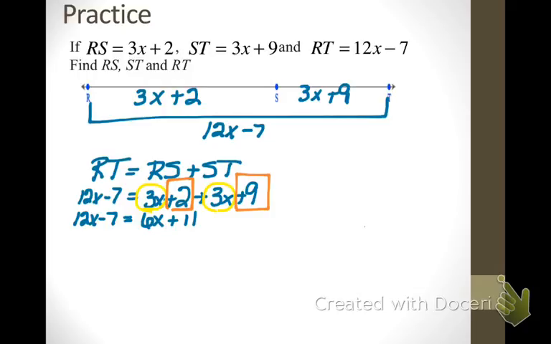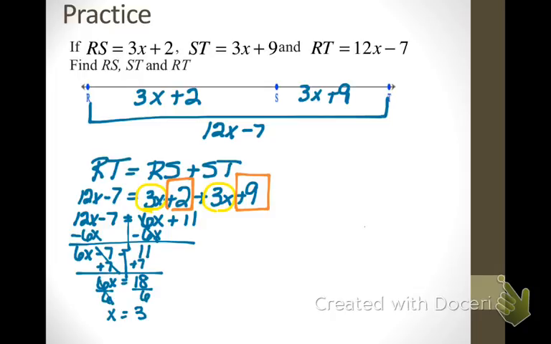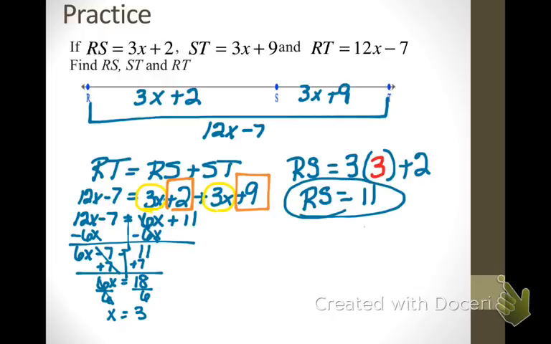Now I have an equation with variables on both sides. I can't have that, so I'm going to move my smaller variable, and I'm going to solve this equation. And when I do, I get that x equals 3. Now, as soon as I find that x equals 3, I can plug that 3 back in for x in these expressions and find the length of each line.